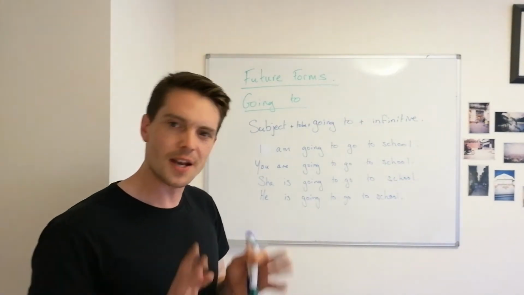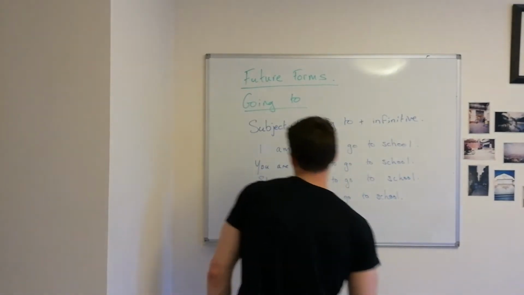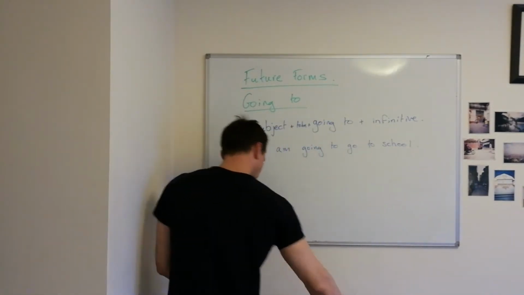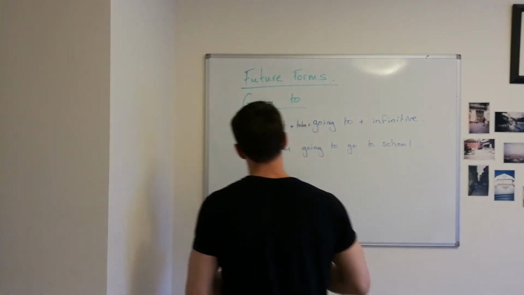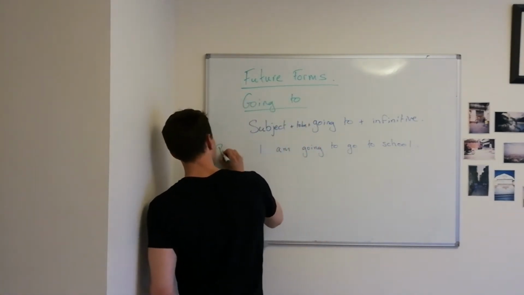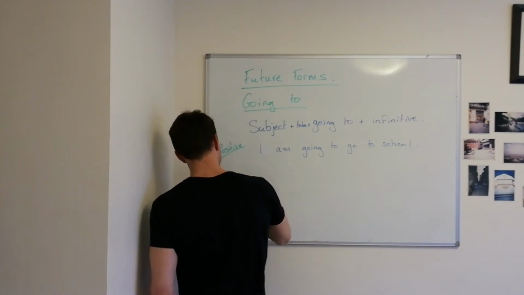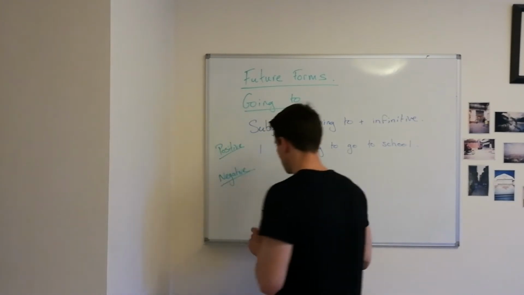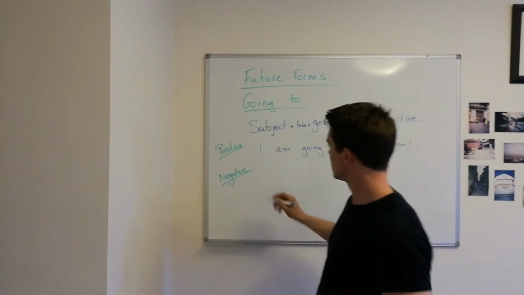Now let's take a look at the negative sentence. So this one here is the positive sentence. Now the negative sentence. I am going to school.